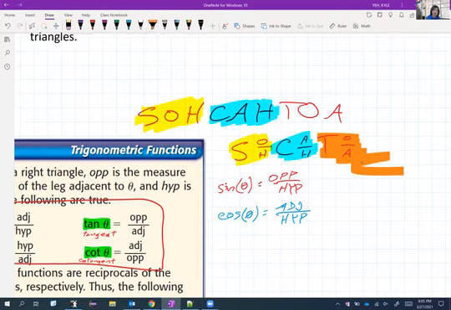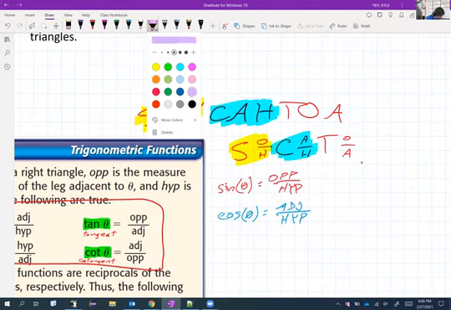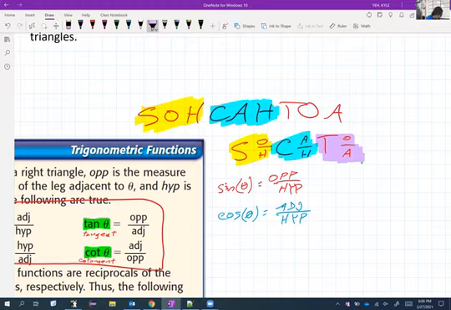That was a bad idea. Red and orange don't contrast well, so I'll go light purple. TOA, tan theta is equal to opposite over adjacent for tangent. Opposite over adjacent, so TOA.